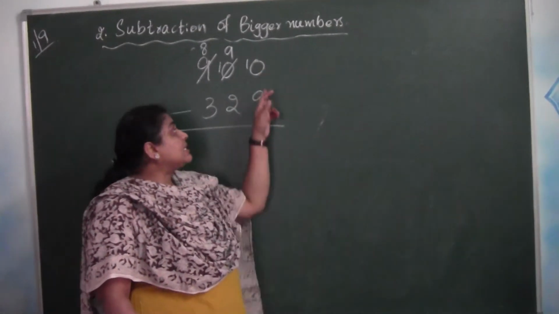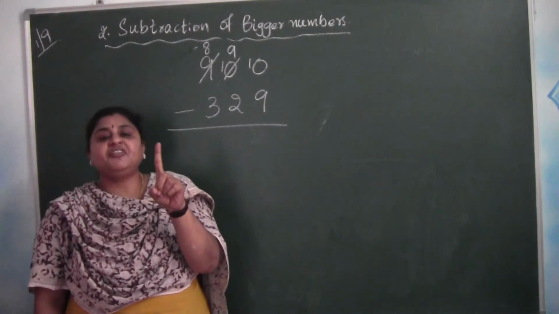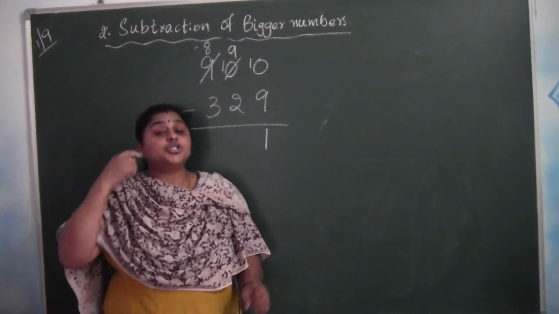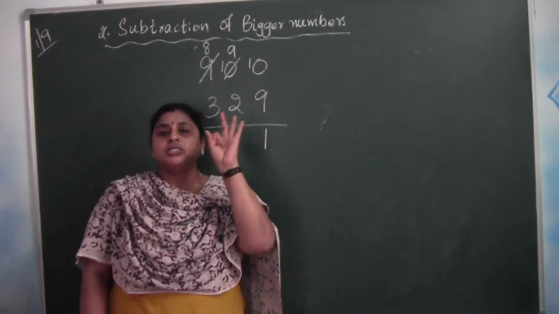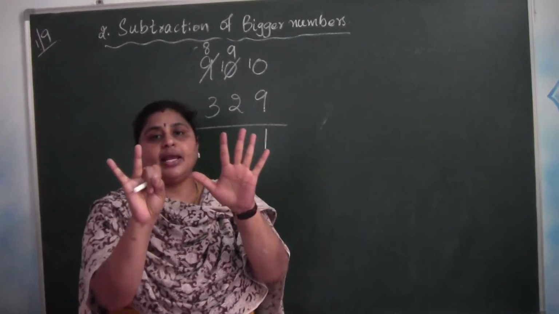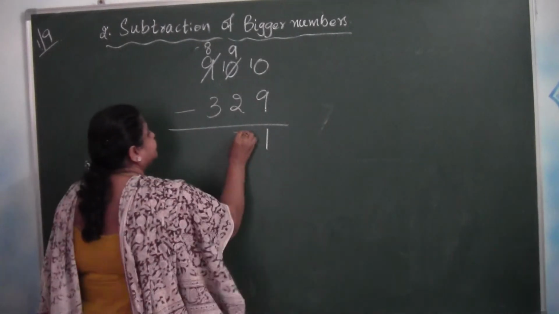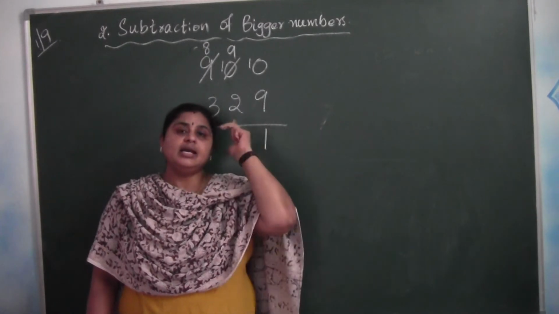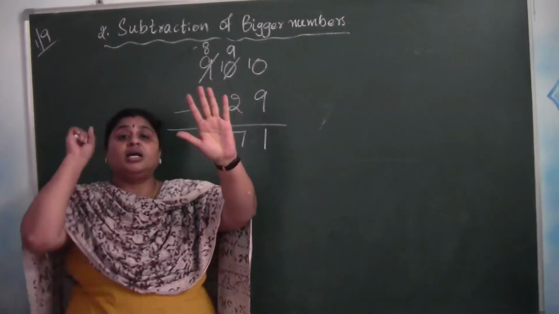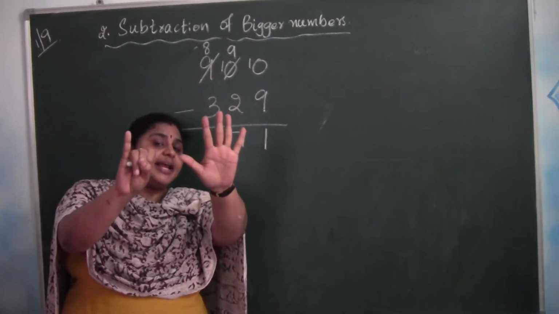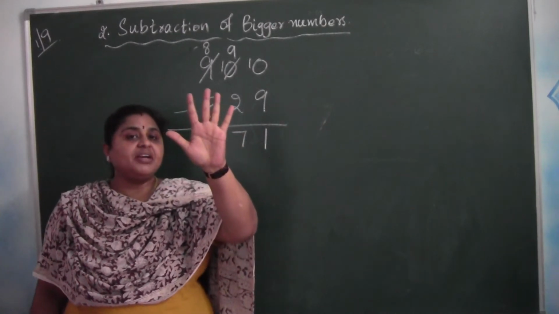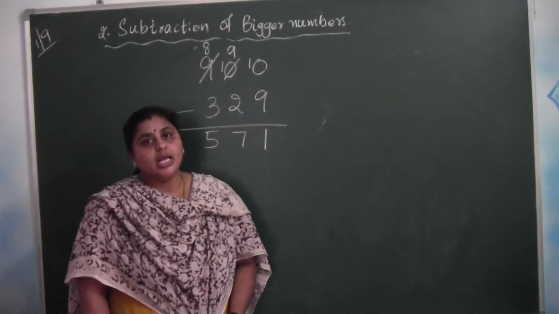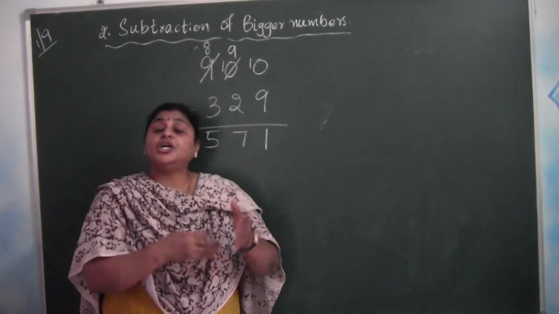Come on, from 10 subtract 8. How many fingers did I get? 5. So my answer is 571.